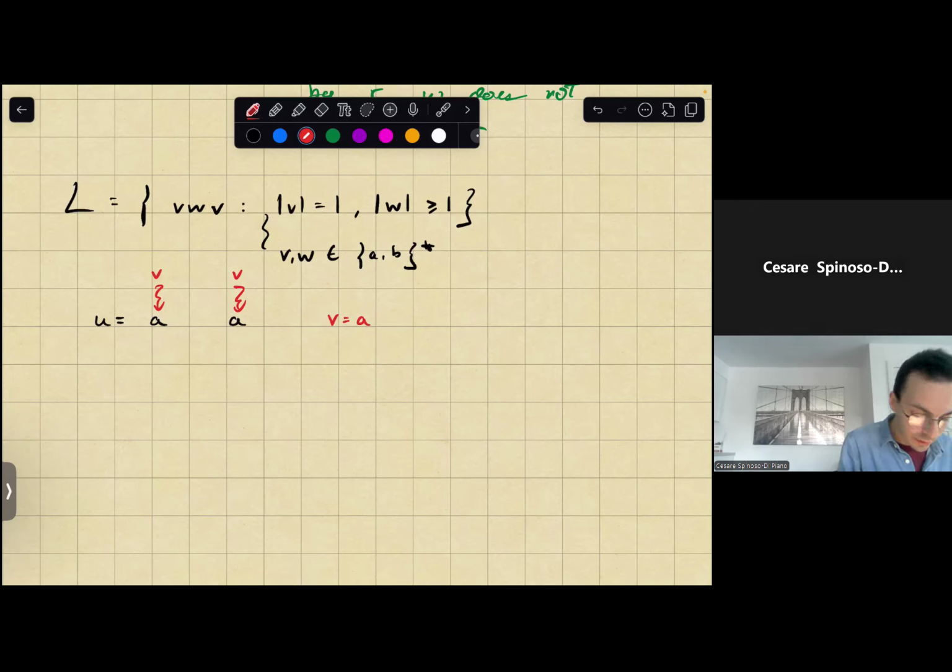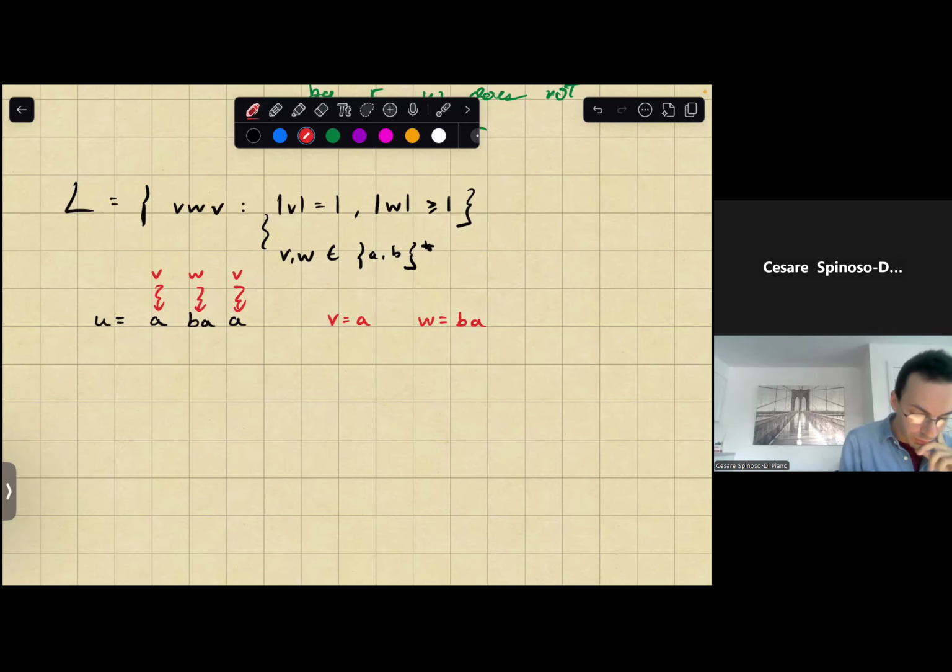And then W can be any string, but where its length is at least 1, right? So W could be something like BA, and that would work. So then I would get something like a BA a, and this would be W. So that would be one possible string.